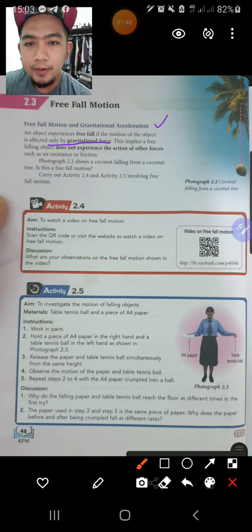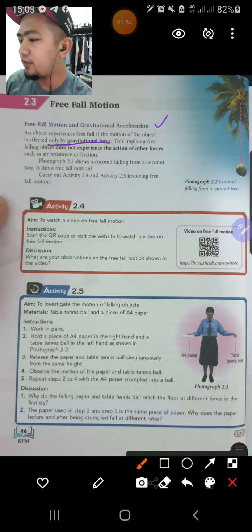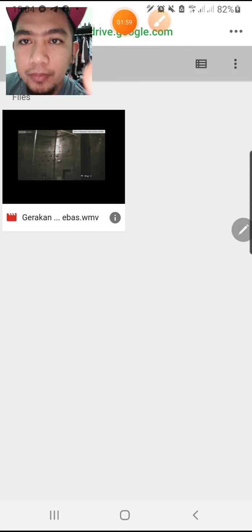Okay. All right. Let's watch a video here. A video about free fall motion. So this is a video about a free fall motion. Let's take a look.